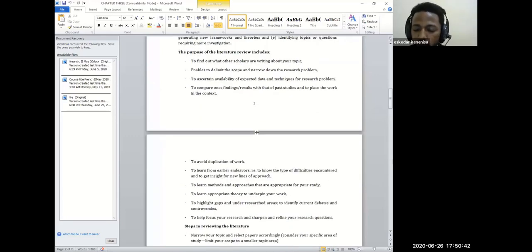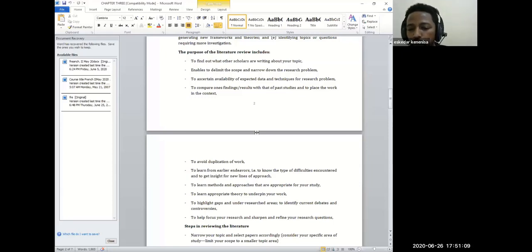Let's see them one by one, because they are listed already. One of the main purposes of the literature review is to find out what other scholars are writing or what other scholars have written.